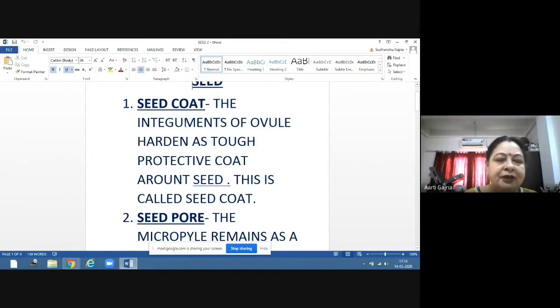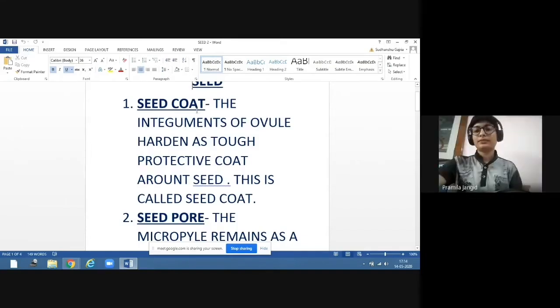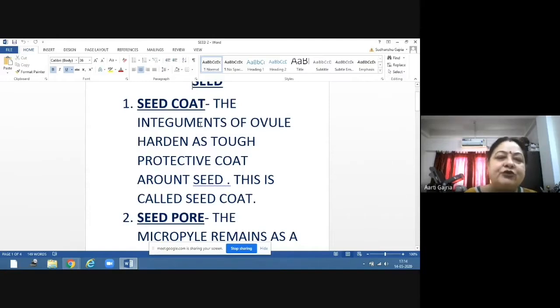Yes. So these integuments of the ovule harden and form a tough protective coat around the seed. This is called the seed coat, and it protects the seed.